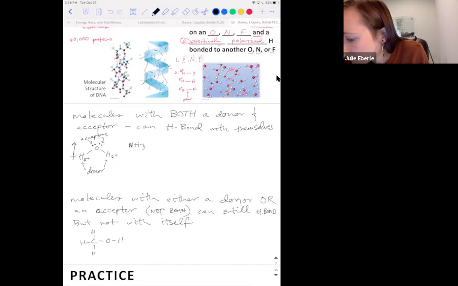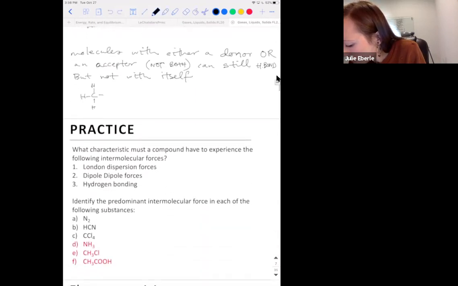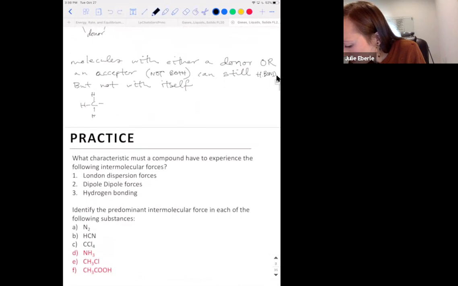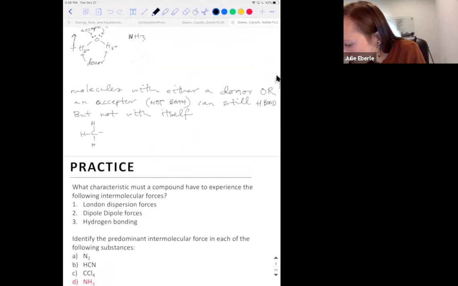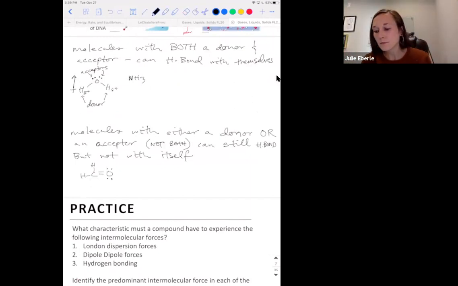Actually, that one does have both. We had one down here. Which one of these had just one? Let's do this. I'll just modify this one real quick. Sorry. Let's do this. There we go. What if you have a molecule like this?